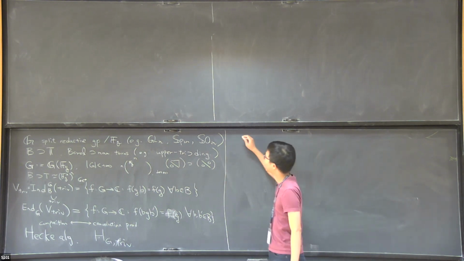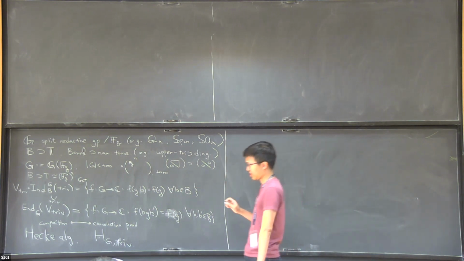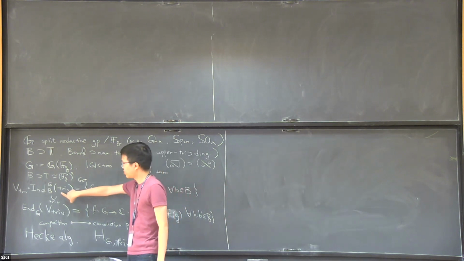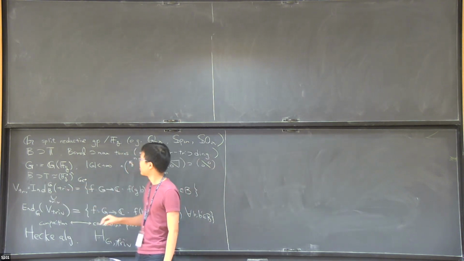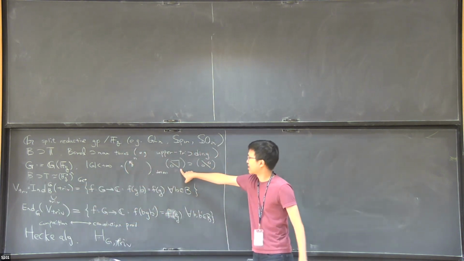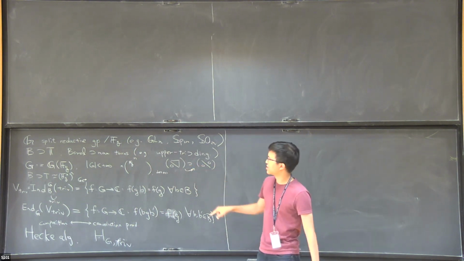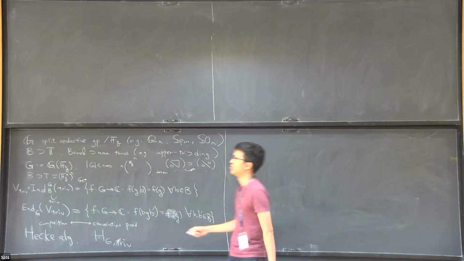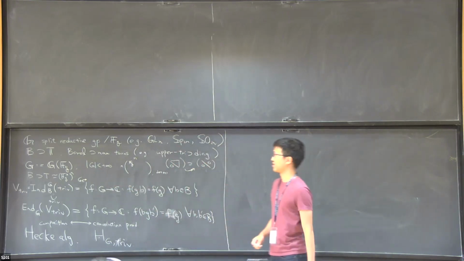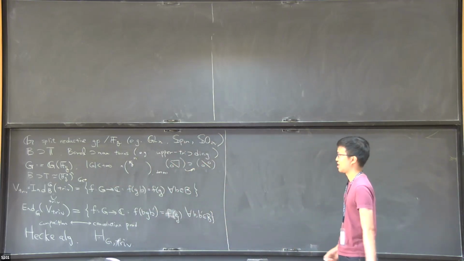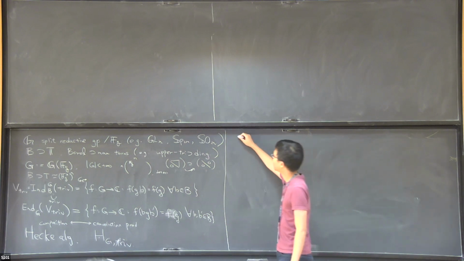So there are more one-dimensional representations of B, because there is a surjective map to the torus, and the torus is just an abelian group. So of course, there are many one-dimensional representations.